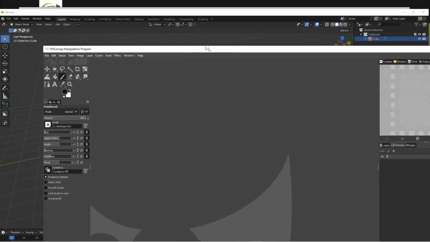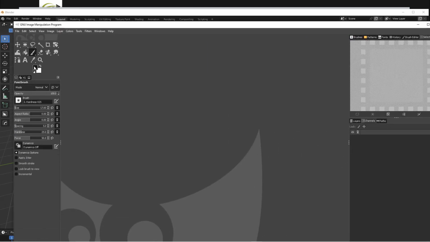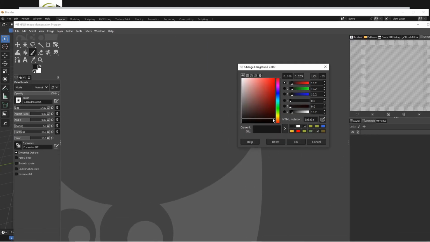Also, GIMP. So you look at a particular color here. In this particular version, the red is a number from 0 to 100 or all the way up to 0 to 255.